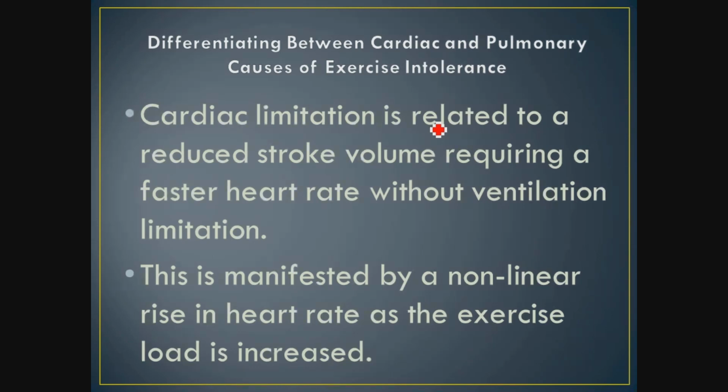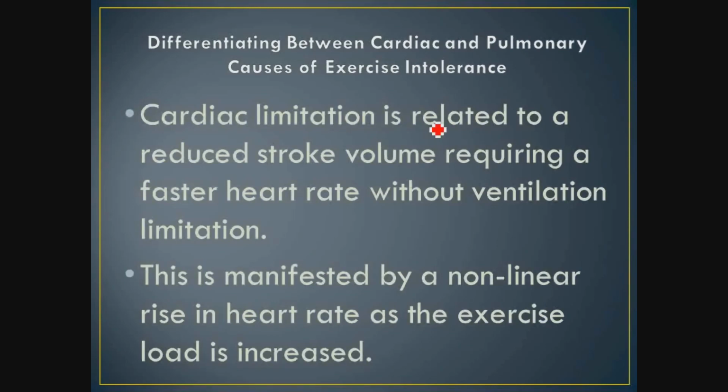Last thing I want to mention on this, and again, I would never give you an example of this and expect you to diagnose it, but when we talk about somebody who fails a treadmill test, who basically becomes unable to continue even though they haven't reached their maximum heart rate yet, it can either be a cardiac problem where their heart muscle cannot generate the cardiac output that's necessary to supply the oxygen, and we see that by a nonlinear rise in heart rate.